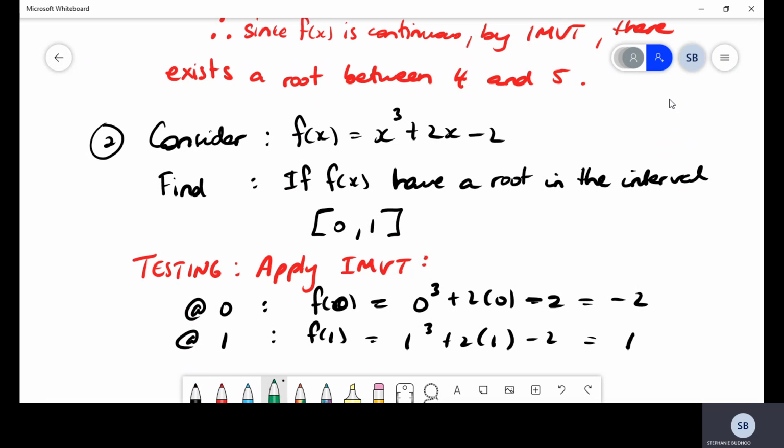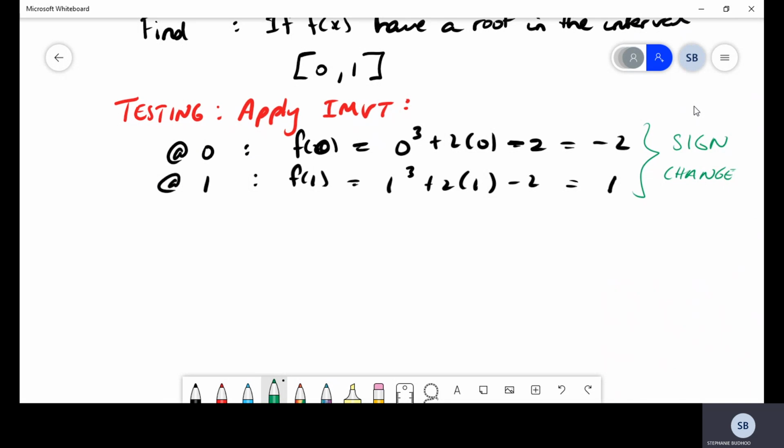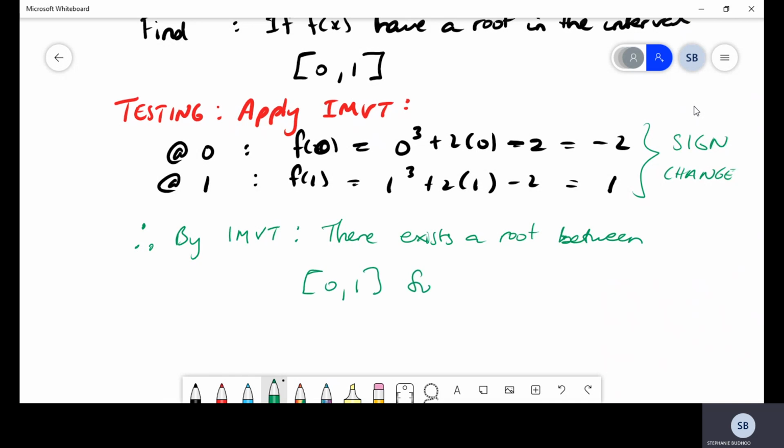Once again, you observe that there is a sign change. Therefore, by the intermediate value theorem, there exists a root between the interval 0 and 1 for the given function.